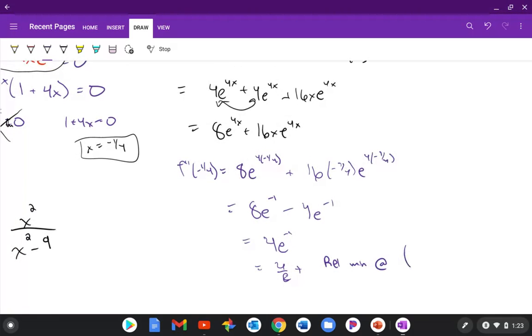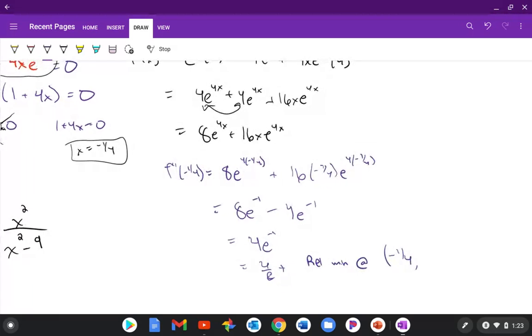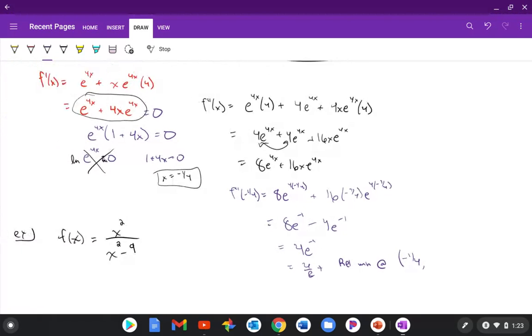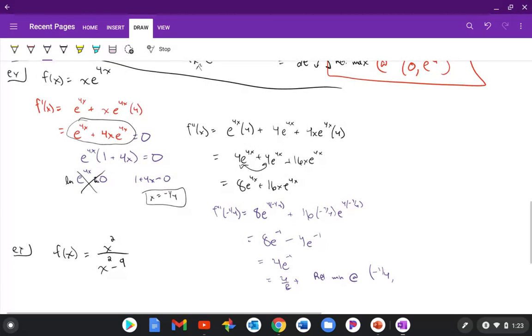at negative 1/4, comma. We need to plug the negative 1/4 into the original function. It's way up there. F of negative 1/4 is negative 1/4 times e to the 4 times negative 1/4.